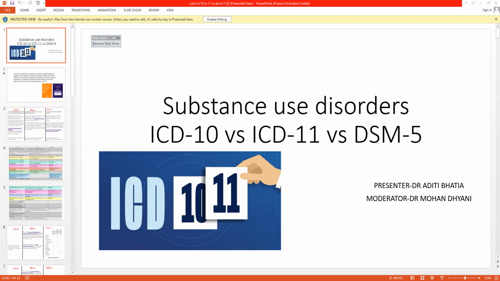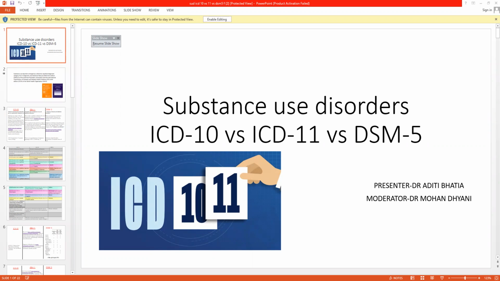DSM-5 affirms that a diagnosis of substance use disorder is not to be made for these drugs if only symptoms of tolerance and withdrawal are met. In ICD-11, tolerance and withdrawal are clubbed together in one criterion as a physiological feature. And even if someone fulfills this criterion, the diagnosis of substance dependence, which requires 2 out of 3 categories, would not be met for these opioid analgesics and sedative hypnotics.